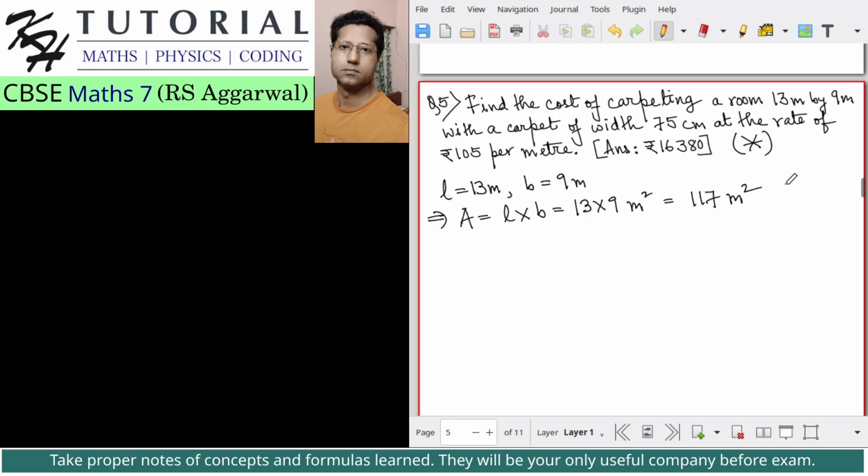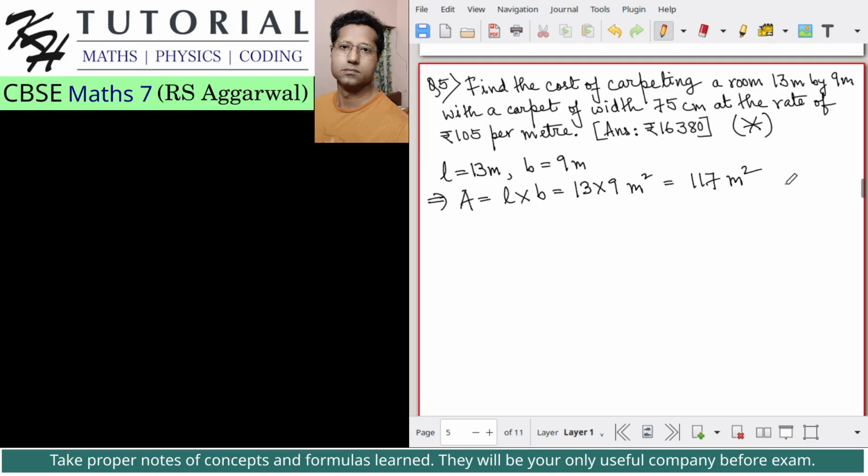Now how is the carpeting done? It is done with a carpet of width 75 centimeter at the rate of rupees 105 per meter, which means that consider a carpet whose length is 1 meter and whose breadth is 75 centimeter.